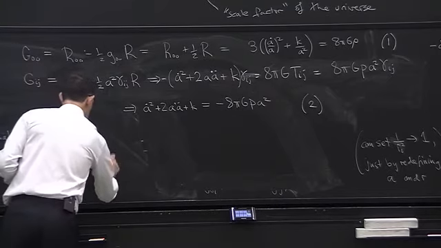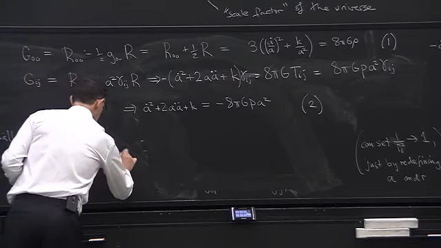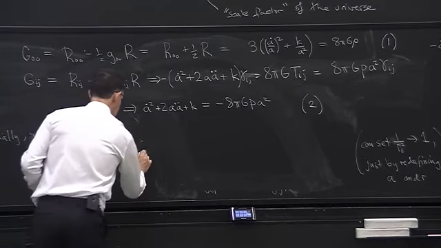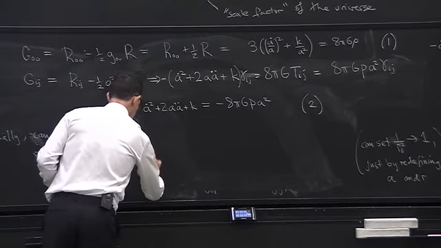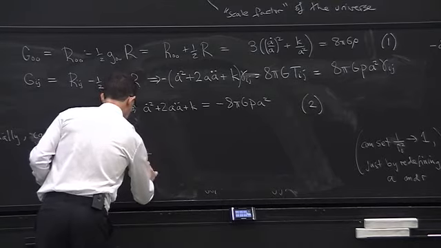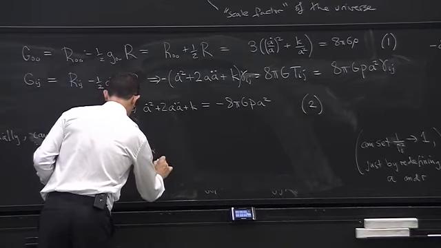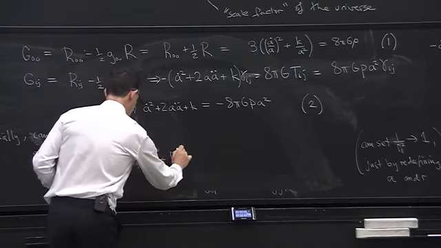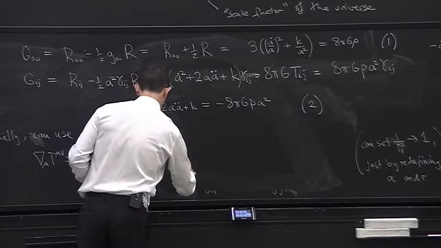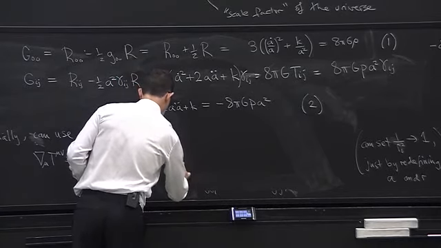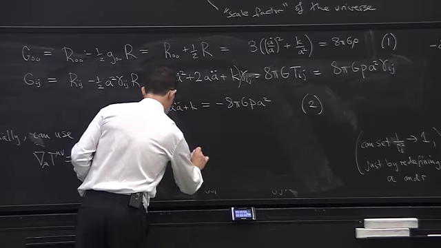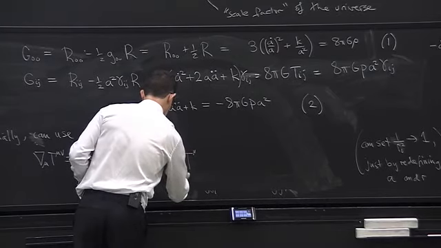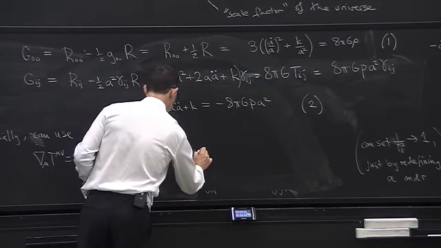This is, of course, d mu T mu nu plus gamma mu mu alpha T alpha nu plus gamma nu mu beta T mu beta, or let's call it alpha, mu alpha.